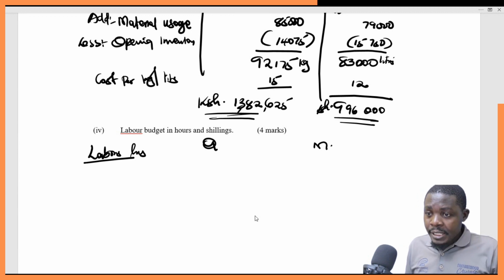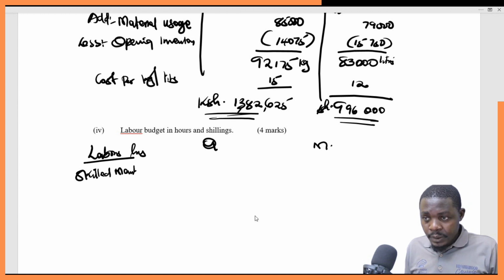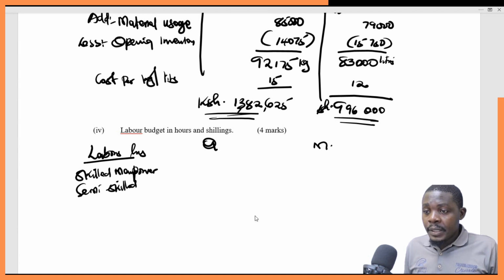Now let me start with skilled manpower. Then we have the semi-skilled. We use the units that were produced to get the hours that were incurred.